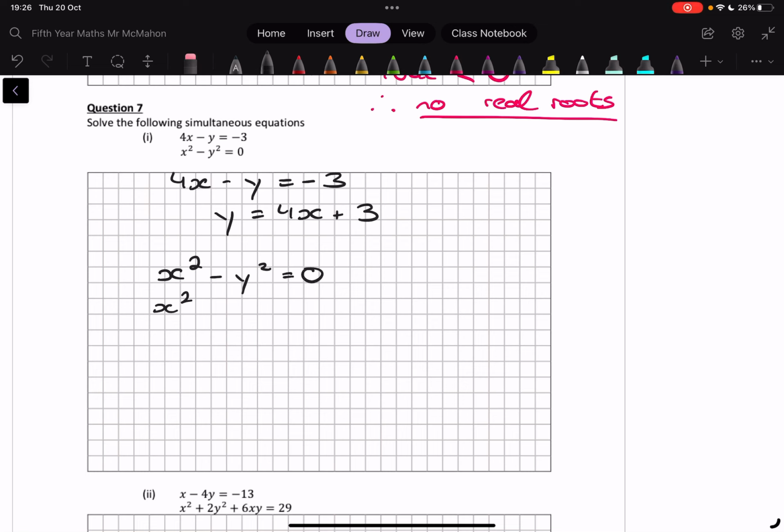So x squared minus (4x plus 3) squared equals 0. So we will have 16x squared plus 24x plus 9.